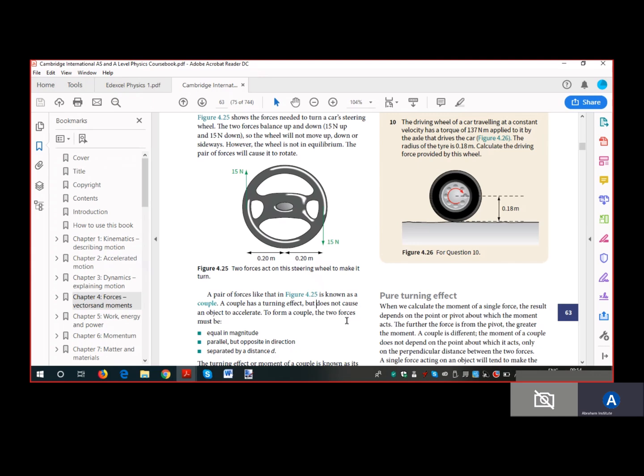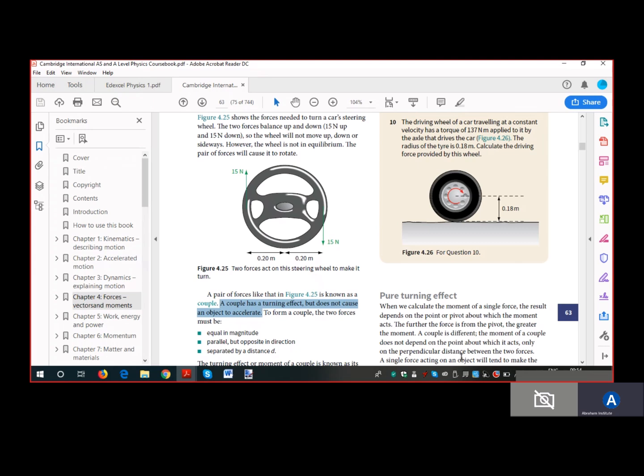Okay, the acceleration doesn't produce a resultant force. It is the resultant force which produces the acceleration. So since the resultant force is 0 here, there will not be any acceleration, because F equals ma. If F is 0, a is 0. So that's what they say here. A couple has a turning effect but does not cause an object to accelerate.